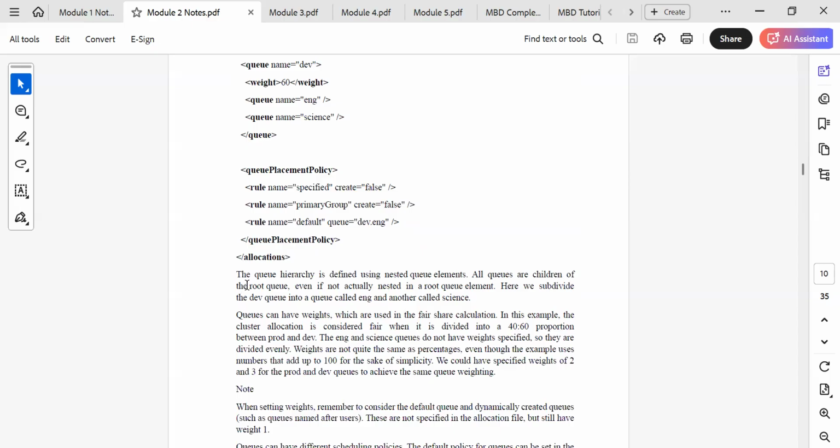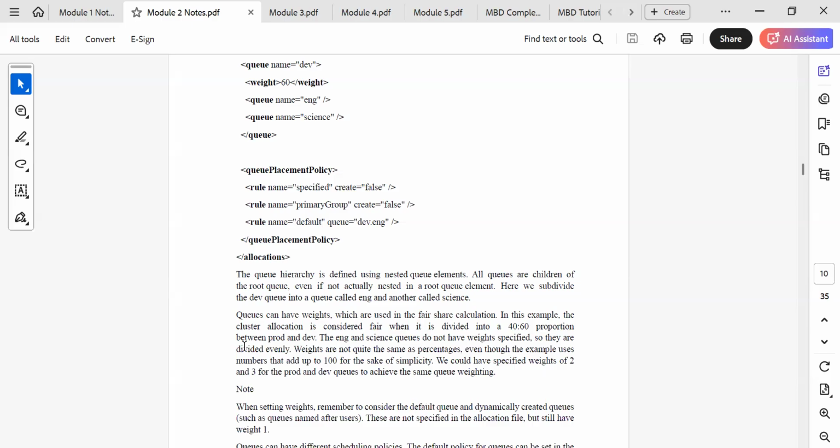The queue hierarchy is defined using nested queue elements. All queues are children of the root queue, even if not actually nested. Under the root queue element, we subdivided the development queue into a queue called English and another called science.